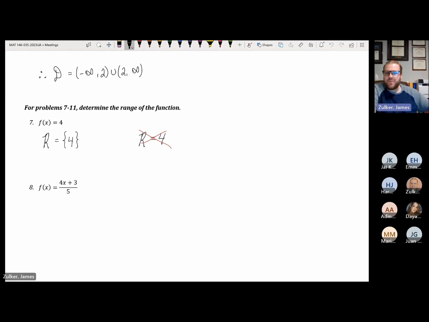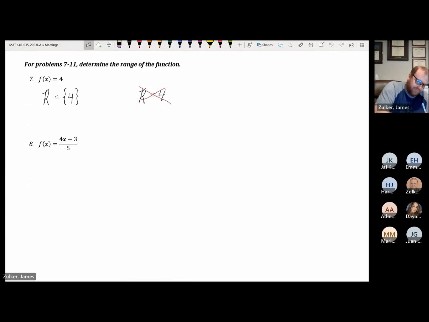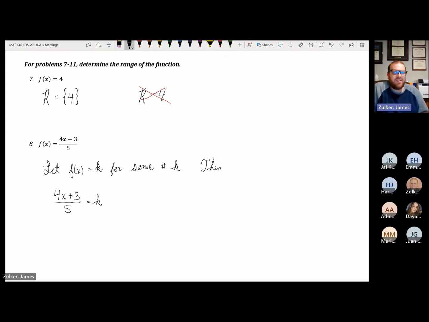Right, let's look at (4x plus 3) over 5. You want to determine the range. Here's how we do it. Let f of x be some arbitrary value, call it k. That'll mean that (4x plus 3) over 5 is equal to k. Solve for x.